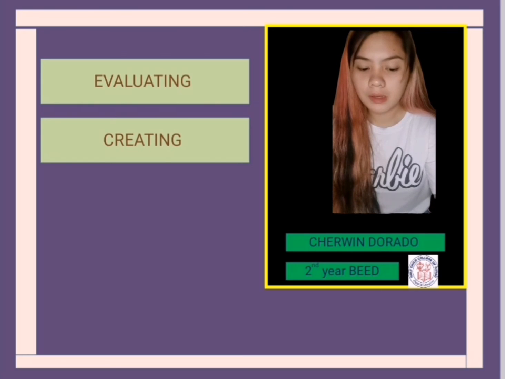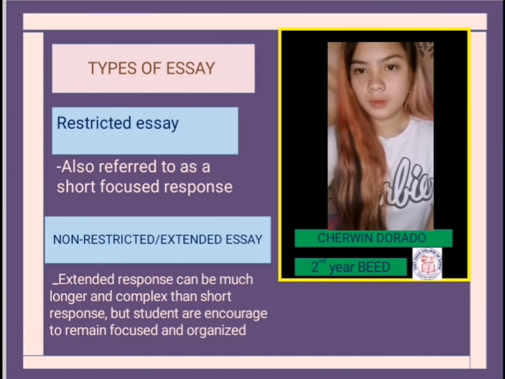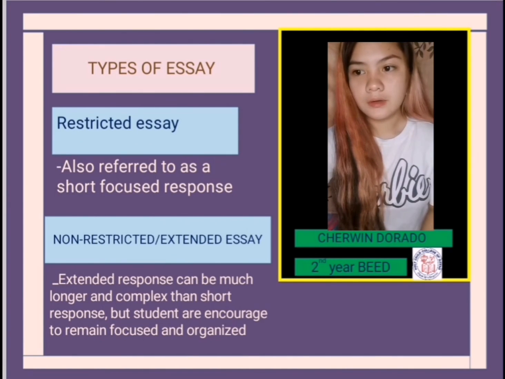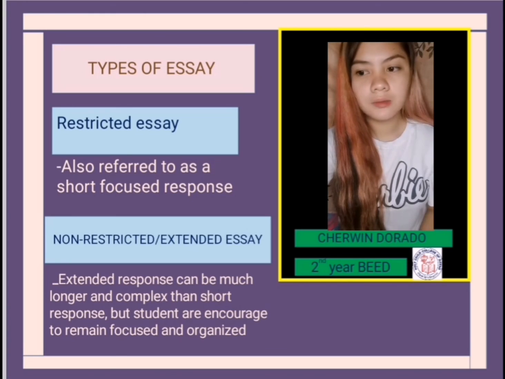Make up a story describing what will happen. Types of essay. Restricted essay is also referred to as short focused response, and non-restricted or extended essay. Extended response can be much longer and more complex than short response, but students are encouraged to remain focused and organized.